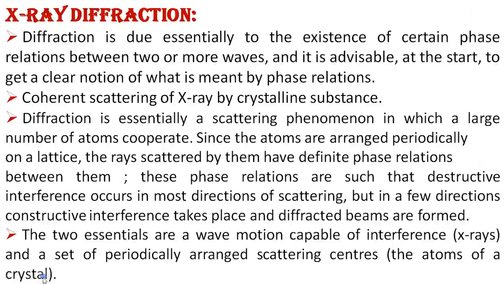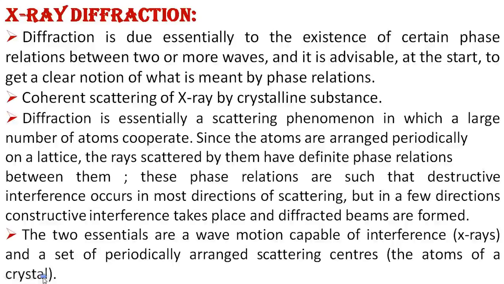Diffraction is due essentially to the existence of certain phase relations between two or more waves, and it is advisable at the start to get a clear notion of what is meant by phase relation.